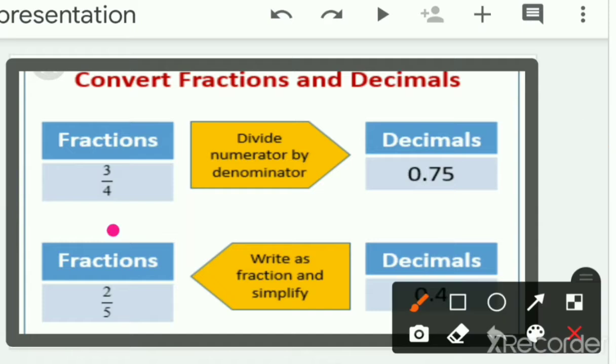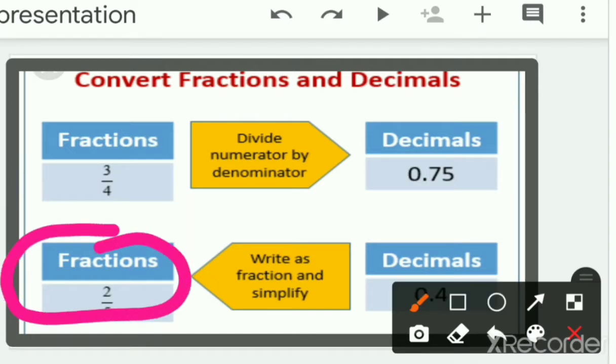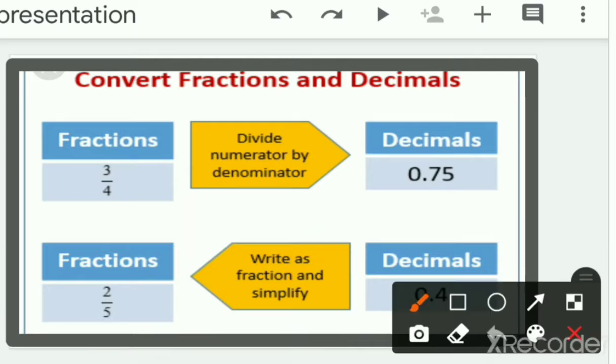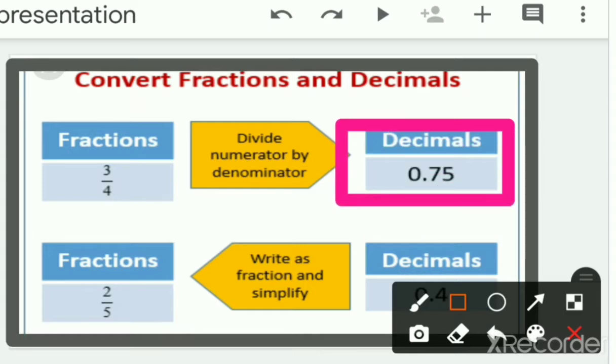The same way you can solve this fraction, 2/5. Write it as a fraction and then simplify. It means in decimal form, how will you represent it?